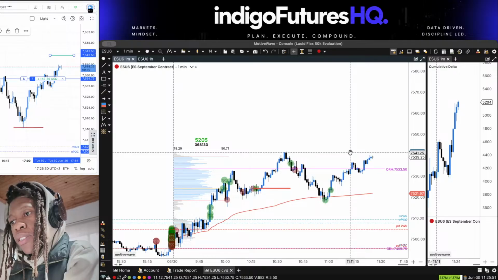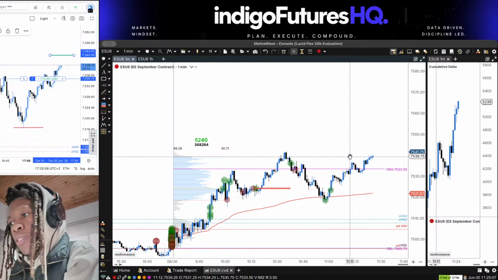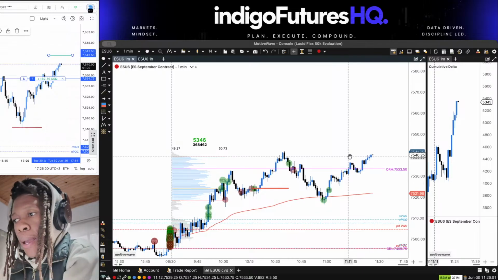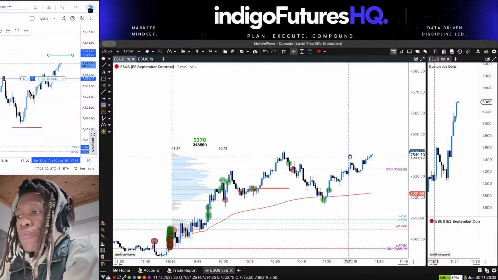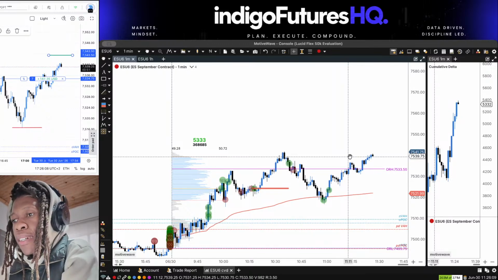Just need to see more delta stepping in now. Just kind of positive. I mean, we're at 539.75, which is that value area high. Saw the CVD shoot up, so again, strong presence of buyers that stepped in there.